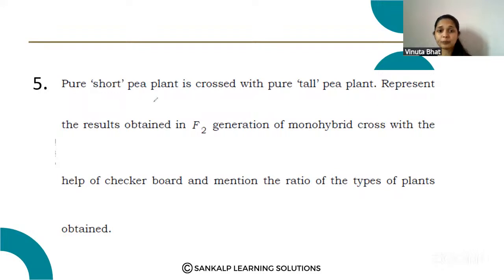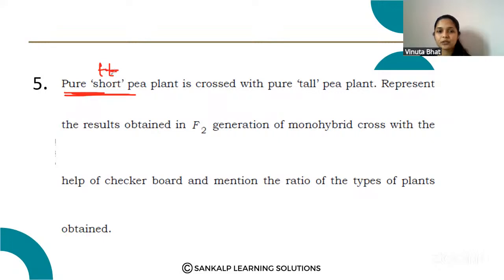Pure short pea plant is crossed with pure tall pea plant. Represent the results obtained in F2 generation of monohybrid cross with the help of checkerboard and mention the ratio of the types of the plants obtained. Here, pure short plants means they are having the genotype small t, small t.